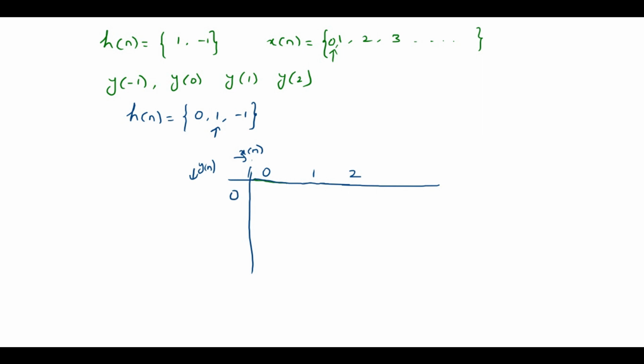So it is 0, 1, minus 1. This is my origin point. So 0, 0, 0, 0, 1, 2, 0, minus 1, minus 2.